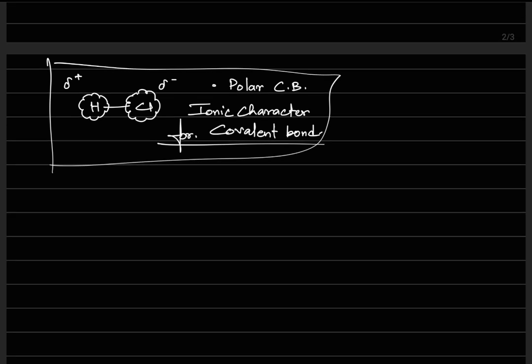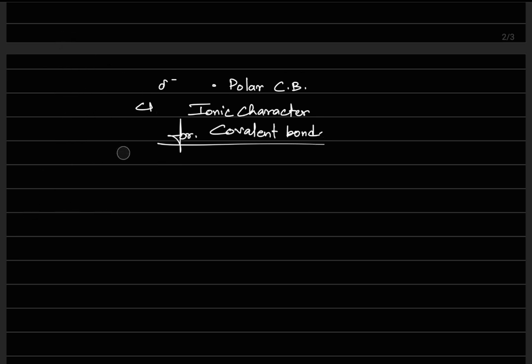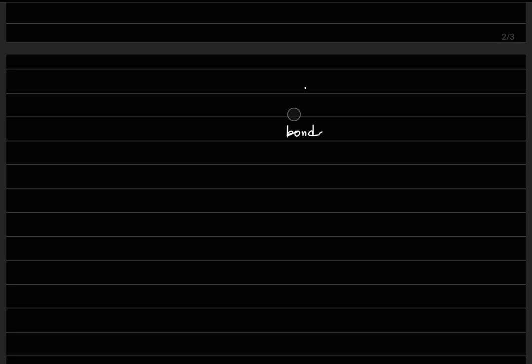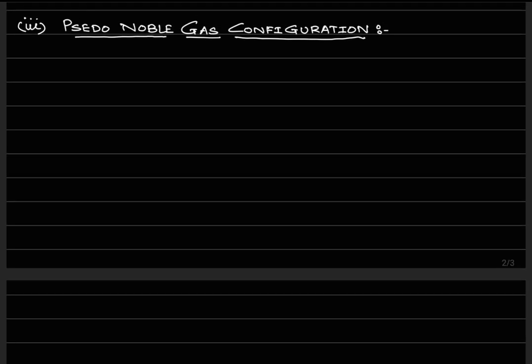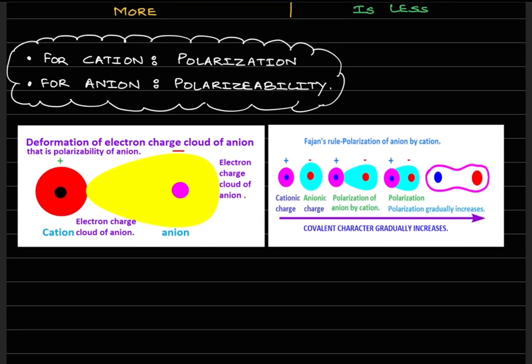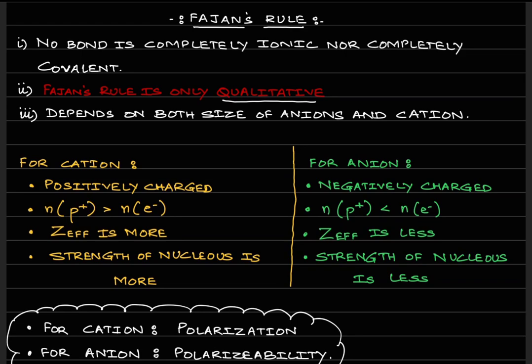Okay, now Fajans rule is more into discussing the covalent character for which bond? For the ionic bond. So what does Fajans rule say? Now, before we understand what exactly the Fajans rule states, we need to understand that Fajans rule is more of a qualitative rule. What do you understand by the qualitative rule part?